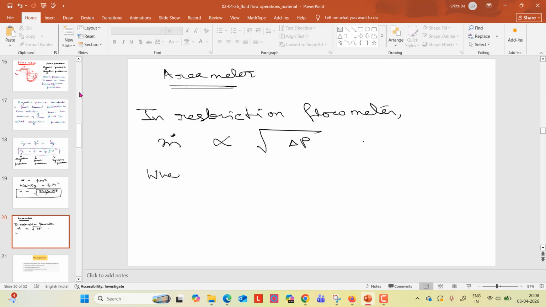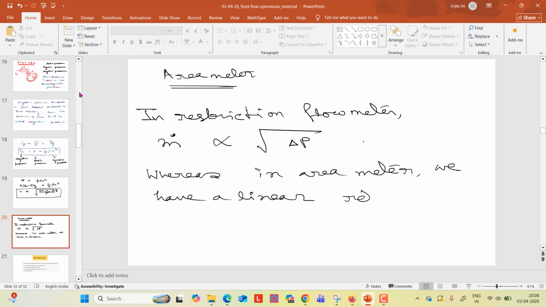Whereas in the area meter, we have a linear relation between mass flow rate and the measured variable.